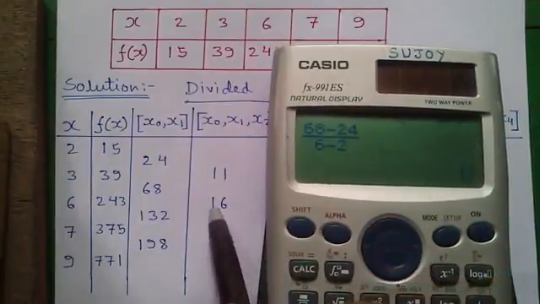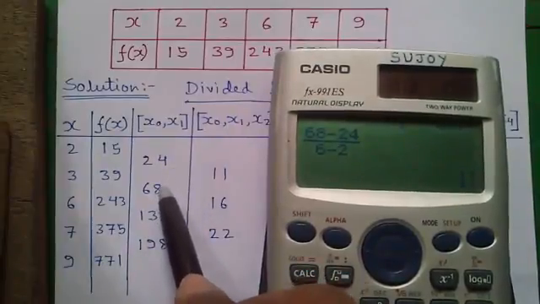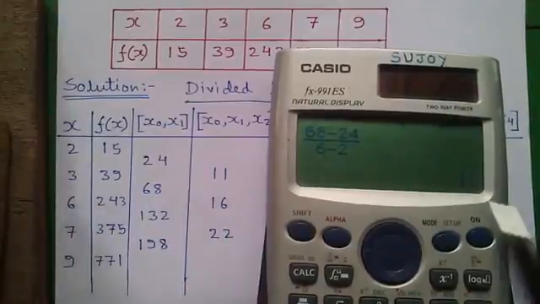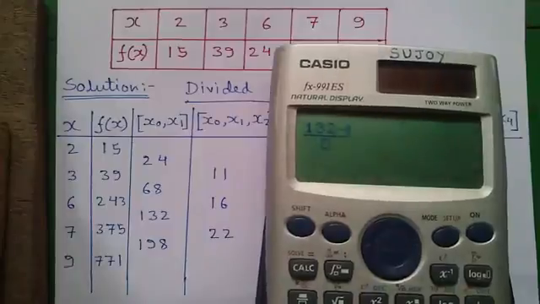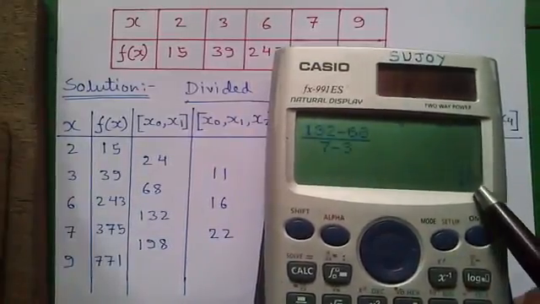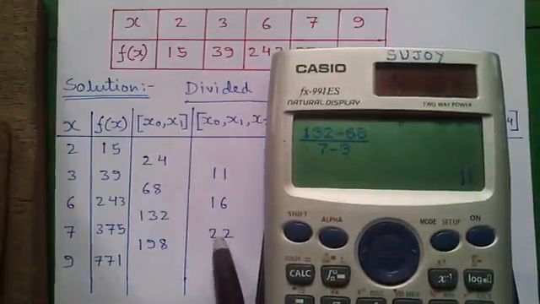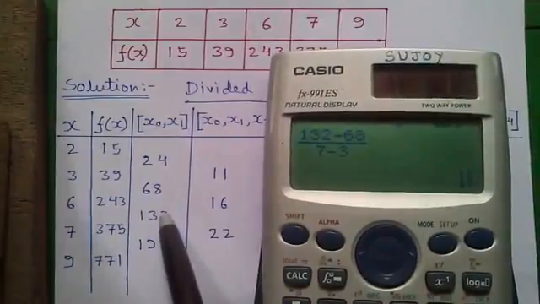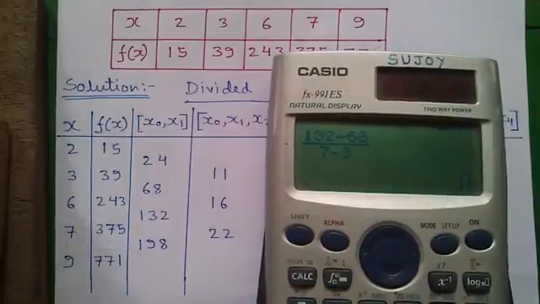Similarly, this number can be obtained by 132 minus 68 divided by 7 minus 3, the gap of one number. That is 16. Next, this number can be found by 198 minus 132 divided by 9 minus 6, the gap of one number.